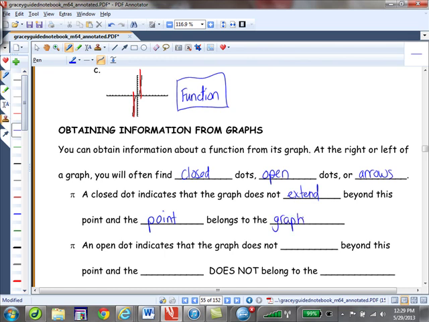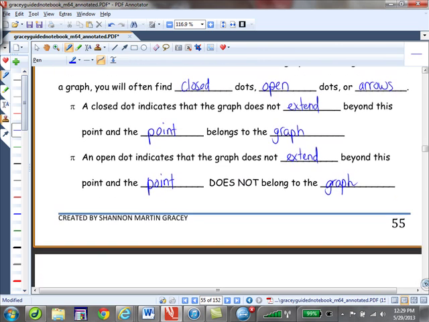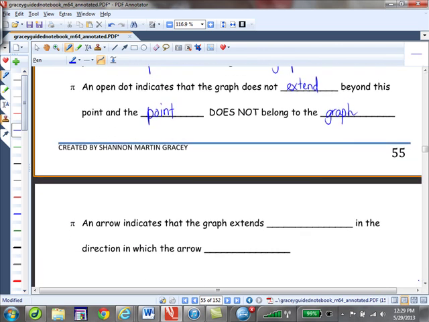An open dot means that the graph does not extend beyond that point, and the point itself does not belong to the graph. So it goes right up to that point, but doesn't ever reach it. An arrow indicates that the graph extends indefinitely in the direction in which the arrow points.